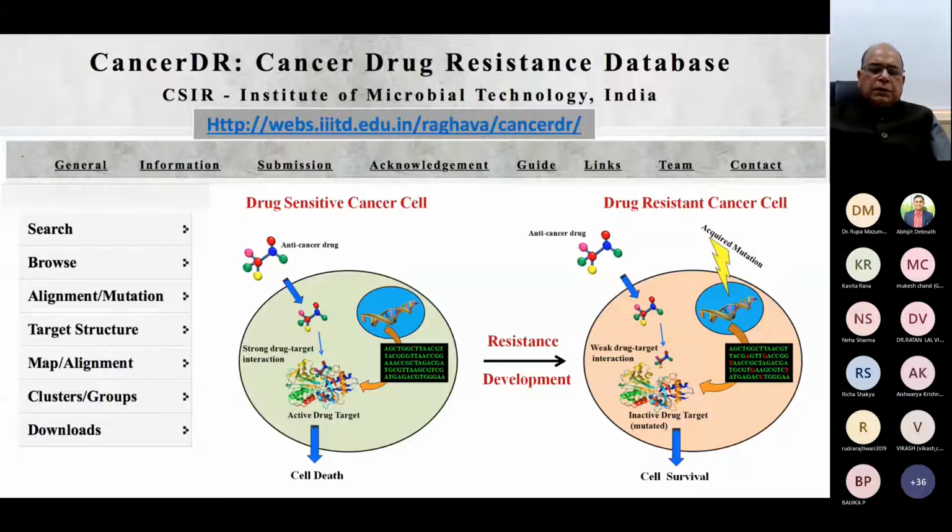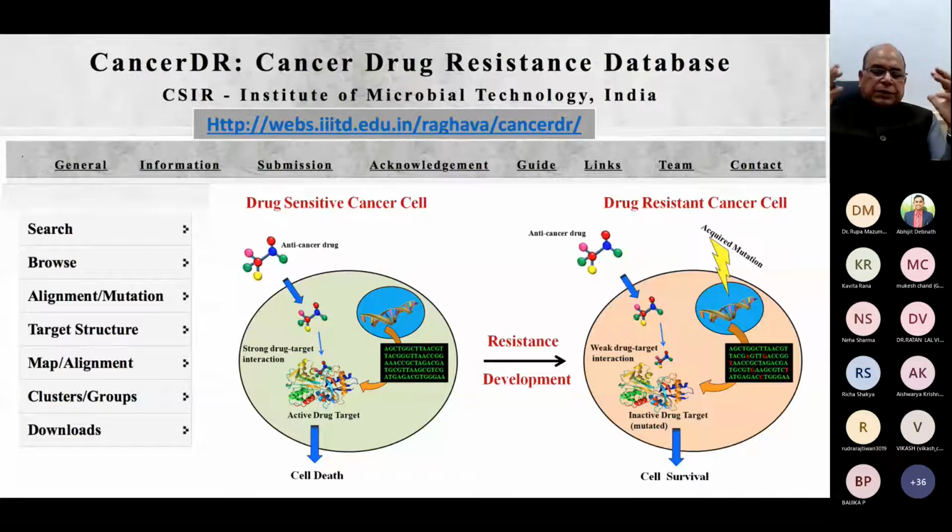So in 2012, we decided that we have to contribute something in the field of cancer. The question is basically where we should start. Then we read in the literature that cancer drug resistance is a big problem. We searched, and at the time there was no database on cancer drug resistance.